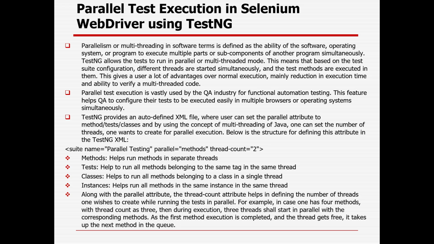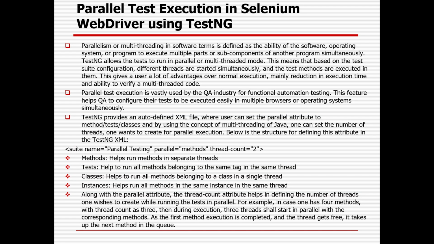This gives the user a lot of advantage over normal execution, mainly reduction in execution time and the ability to verify multi-threaded code. Parallel test execution is vastly used by the QA industry for functional automation testing. This feature helps QA configure their tests to be executed easily in multiple browsers or operating systems simultaneously.